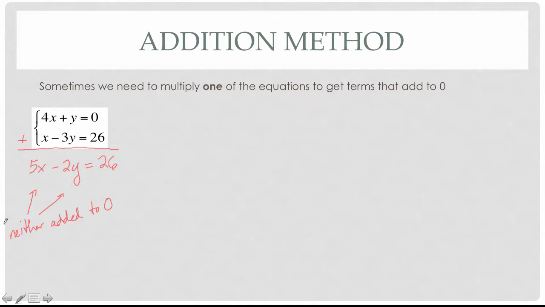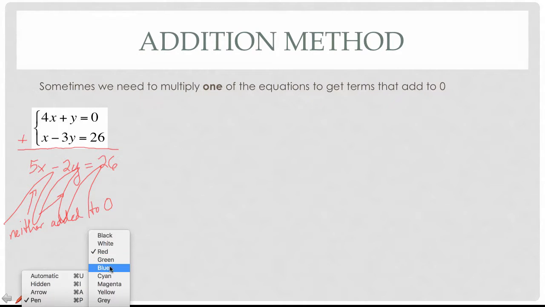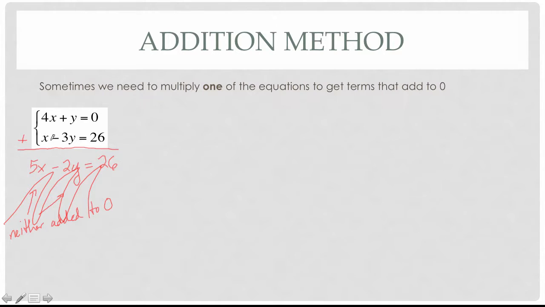So I need to scratch this out, and I need to think about how can I rearrange this system of equations so that when I add my x terms or add my y terms, I do get 0 and one of the variables canceling out. Well, what I'm going to do is I have a minus 3y on the bottom here. It'd be nice if I had a plus 3y on the top. So to get that, right now it's 1y.